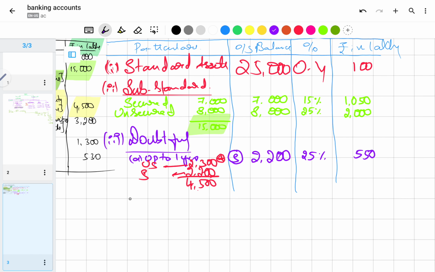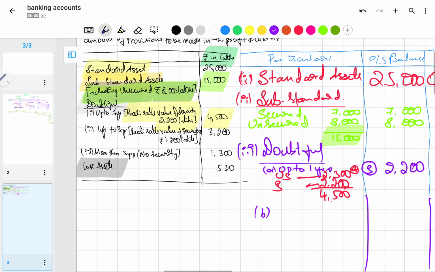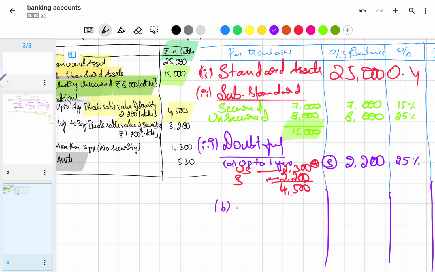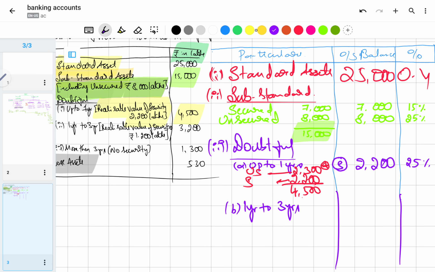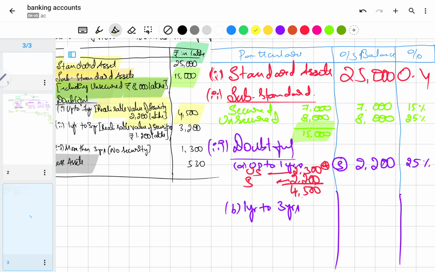Then we have B, the second one: more than 1 year up to 3 years. The realizable value of securities is 1,200, in which amount? 3,200 lakhs.